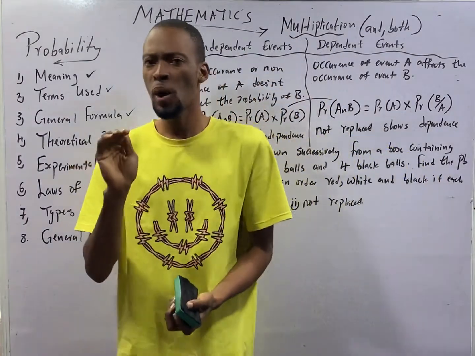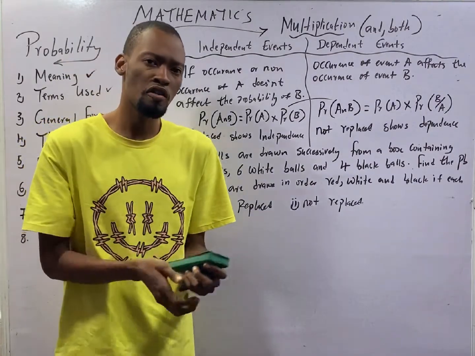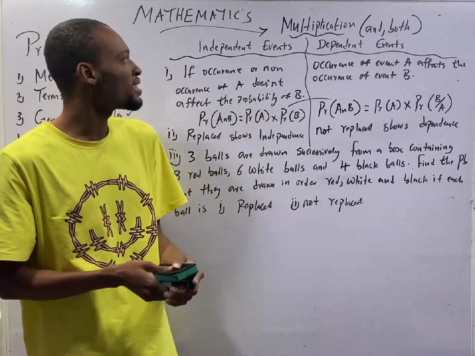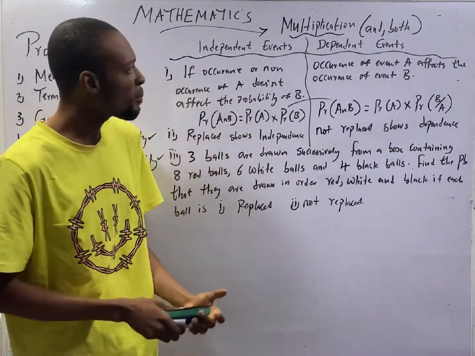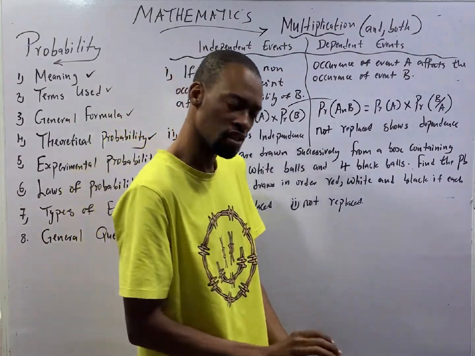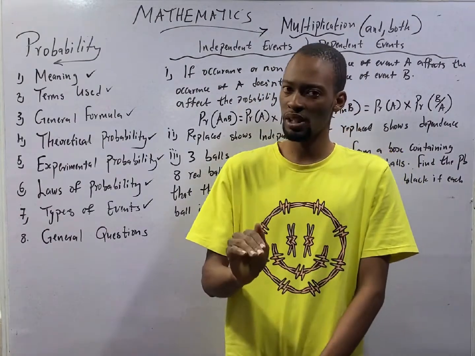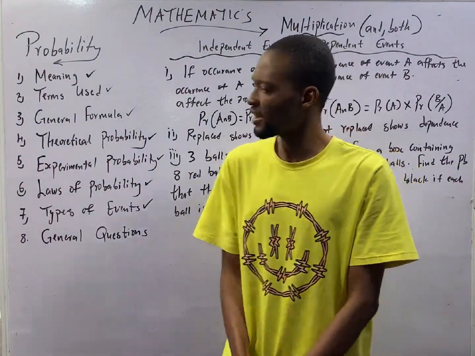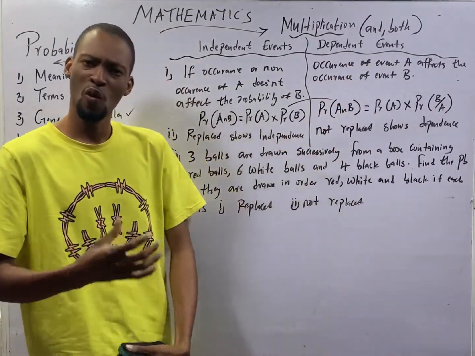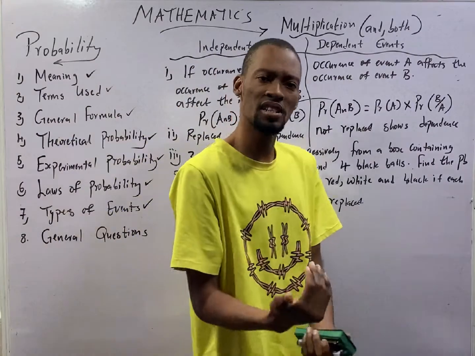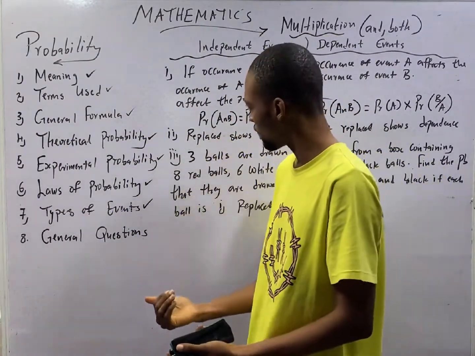Now, for the multiplication law or multiplication rule of probability, events can be independent or dependent. Under multiplication in probability, you will come across an instance where the event is independent or an instance where the event is dependent. What is a dependent event and what is an independent event?